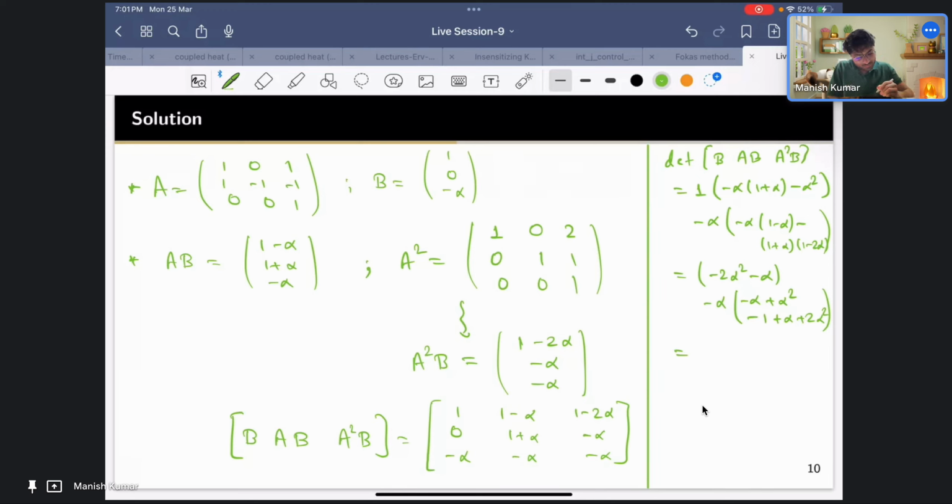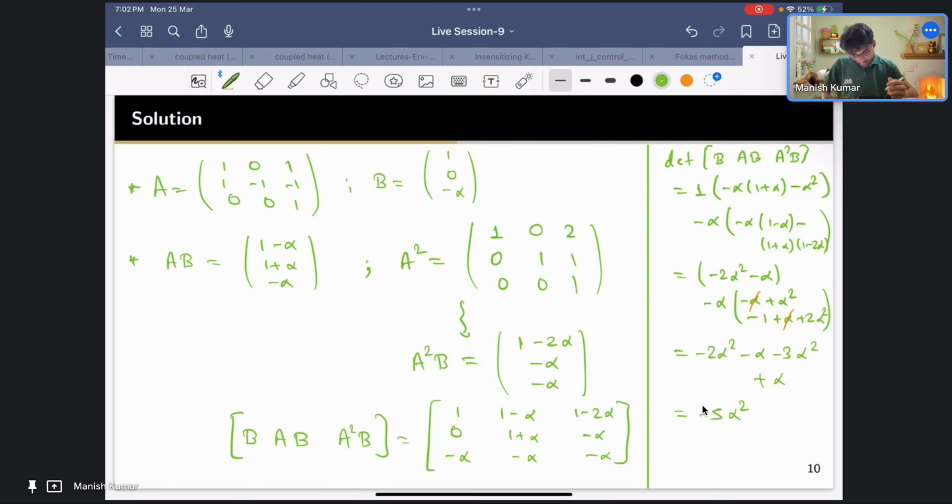Okay, let's see. Then what you have is minus 2 alpha square, and this alpha cancels with this alpha, then you have 3 alpha square times minus 2 alpha square minus alpha minus 3 alpha square, and then plus alpha. Again this cancels, so you have minus 5 alpha square. I think I've made some mistake, just a second.